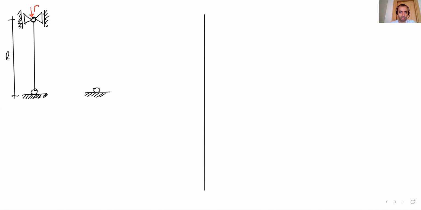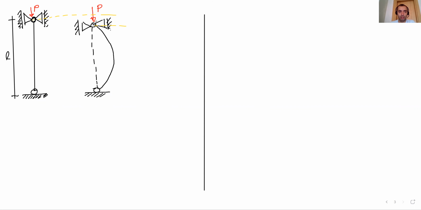This is the compression load. When we apply this P at the top, our top point goes a little bit down.